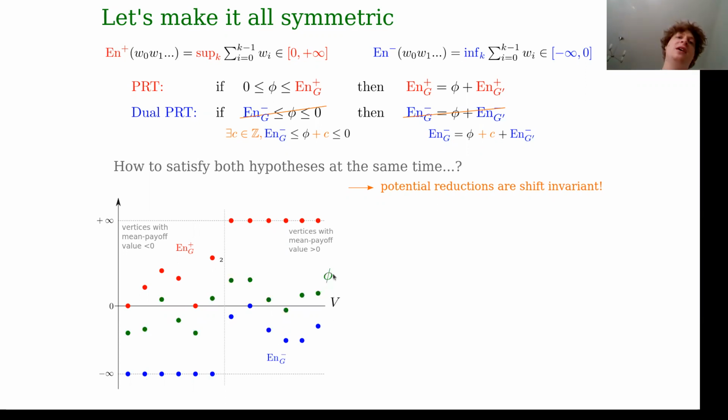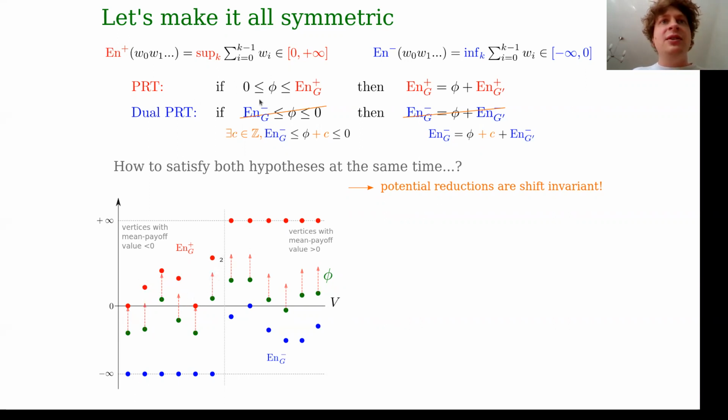And let's look at this green potential phi. And I claim that this potential is actually really nice. So why is it really nice? Because if I shift it, I can make it satisfy both the wanted hypotheses here. So let's look at this. Well, first, if I shift it so as to make it positive, so if I add the same value everywhere, then I will have a potential which is positive, and it will actually be smaller than the energy value.